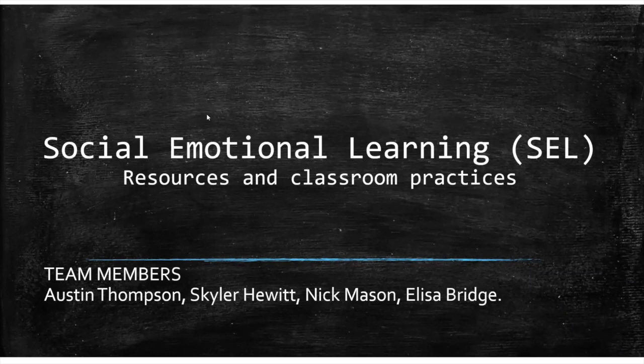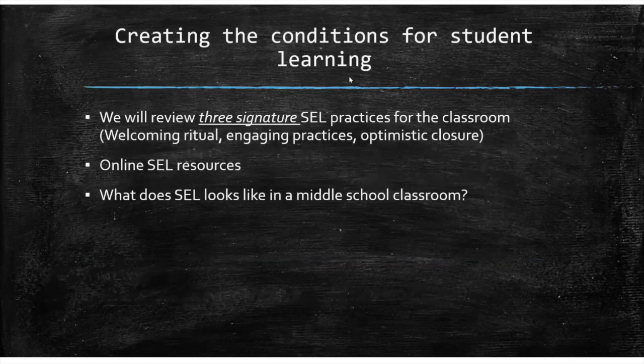Hi, everyone. We will continue talking about social and emotional learning. I will talk about resources and classroom practices. Some of the stuff that I want to talk to you about today will be about creating the conditions for student learning. We're going to review 3 signature SEL practices for the classroom, such as a welcoming ritual, engaging practices, and optimistic closure.